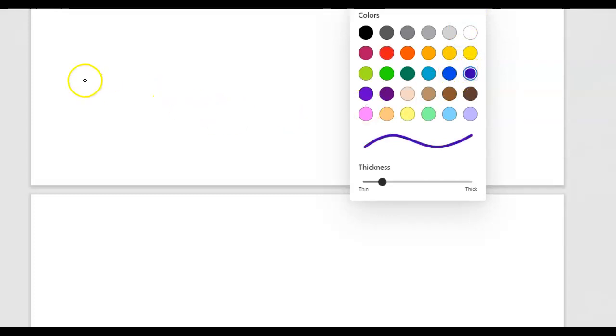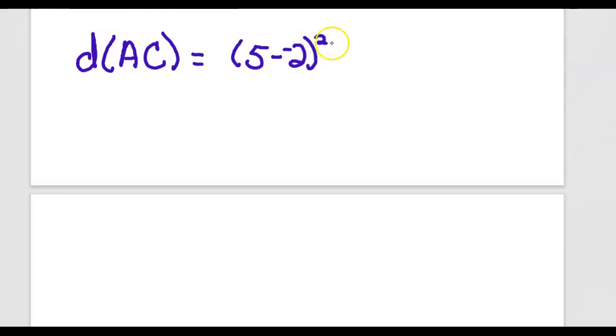Now, let's look at the distance from A to C. So my C had an x of 5. My A had -2 squared. My C had a 2, and my A had a 1.